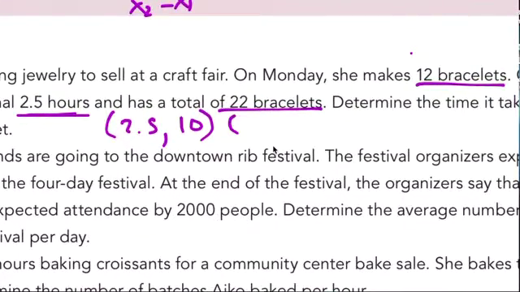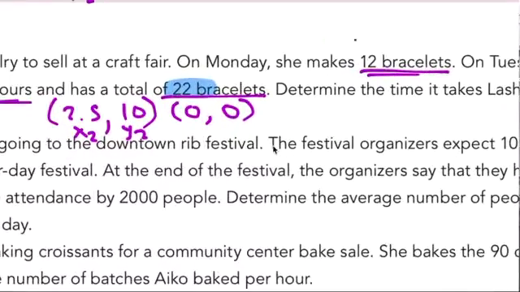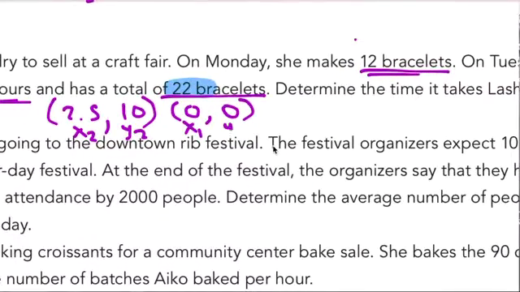Okay, that's x sub 2, y sub 2, right? So if you put in 0 hours, she made 0 bracelets. That's the other one. We're not going to use this 12. 12 only helps us to determine this right here, right? So determine the time it takes to make one bracelet. So x sub 1, y sub 1. So you do 10, the slope formula, y sub 2 minus y sub 1, or the rate of change formula, over x sub 2 minus x sub 1.